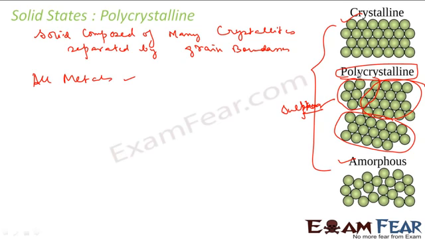Single crystals are like gems or silicon or diamonds, quartz. But generally metals like iron, copper, gold are polycrystalline. If you talk about crystals, then you have sodium chloride, zinc sulfate, all these things.